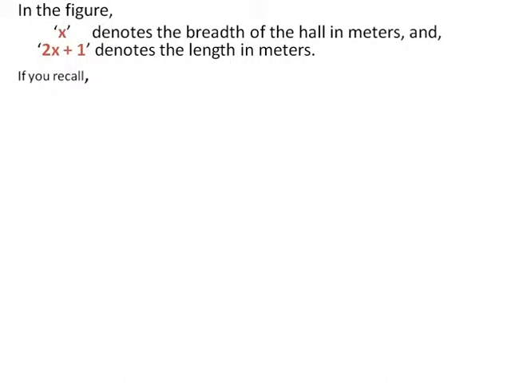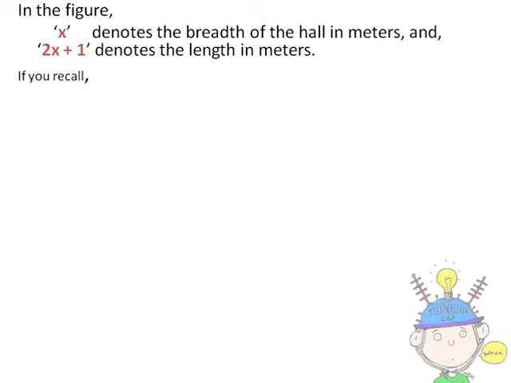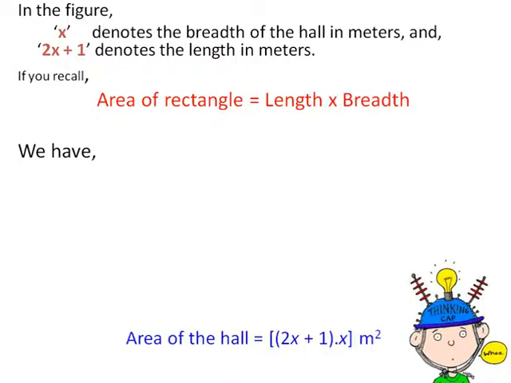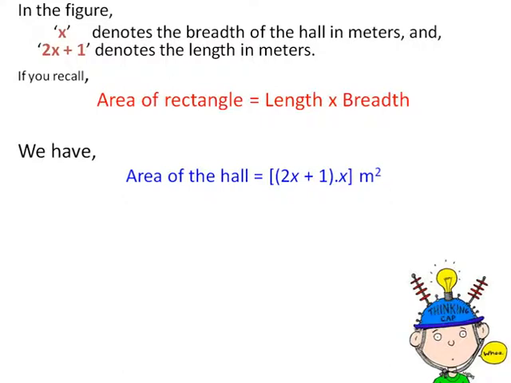If you recall from your previous class, area of a rectangle is given by the multiplication of its length and its breadth. So we have area of the hall is equal to length of the hall into breadth of the hall, or (2x + 1) into x. If you recall, x denotes the breadth and 2x + 1 denotes the length.